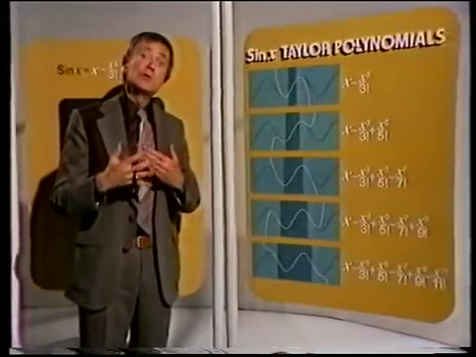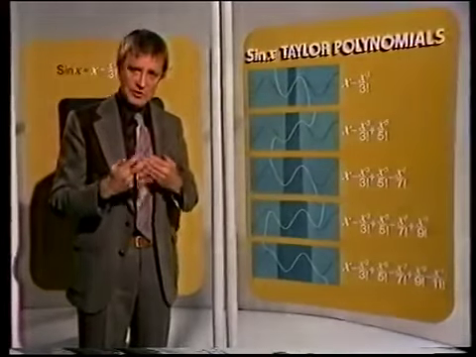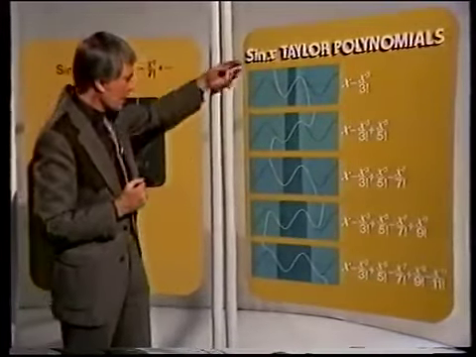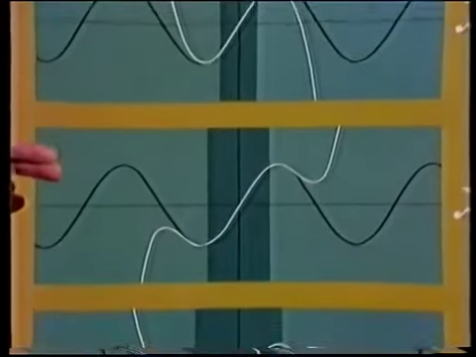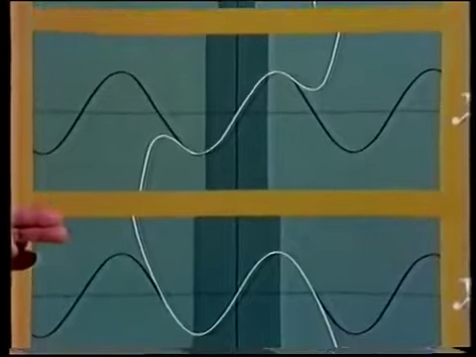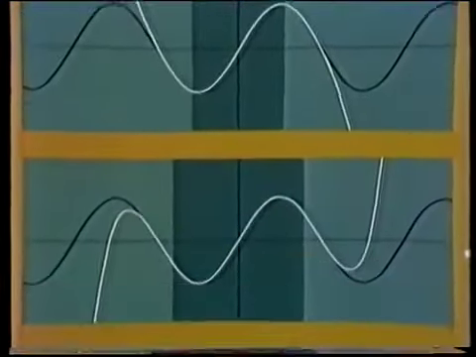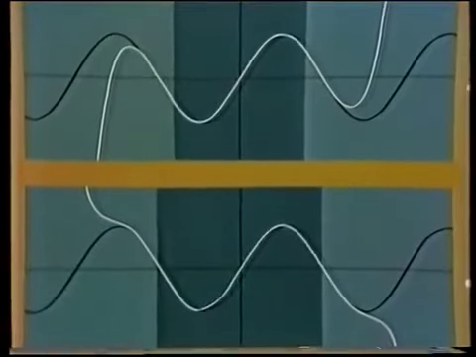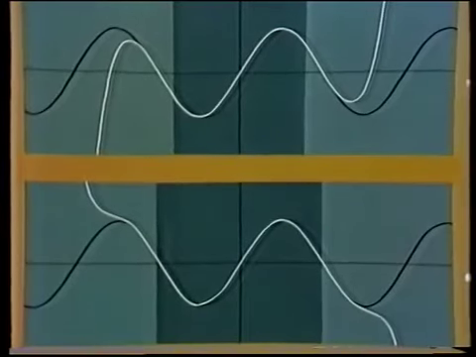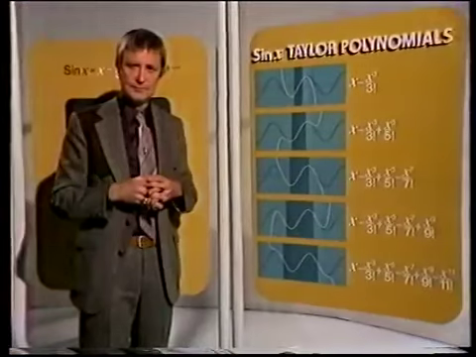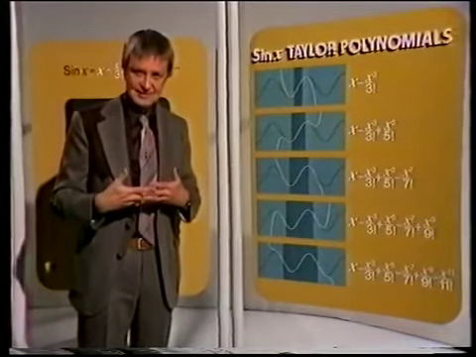What we've done is computed the region over which we have 3 decimal place accuracy for the Taylor polynomial. Notice that this region increases as the degree of the Taylor polynomial increases. And finally, when we get down here to the 11th degree Taylor polynomial, we have 3 decimal place accuracy over a whole cycle. Now that's what we mean by a Taylor polynomial approximation to a function.